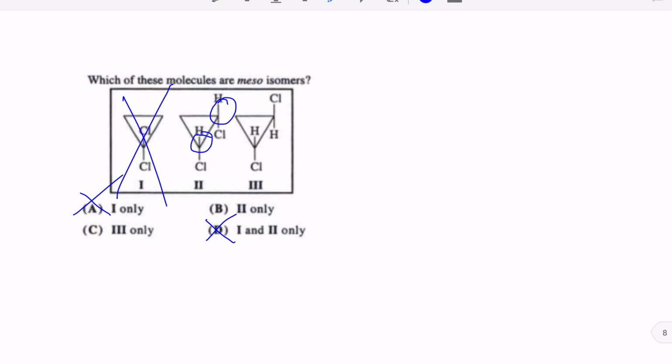And if you look at the molecule, you realize that there can be a mirror plane that can be drawn right through the center of the cyclopropane triangle. This is a bad drawing. Let me do this again.